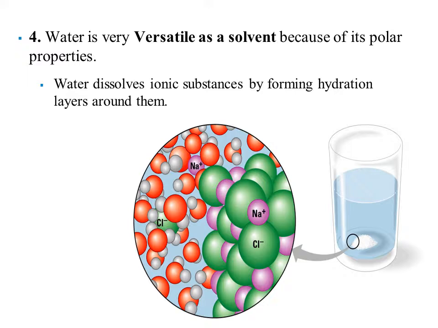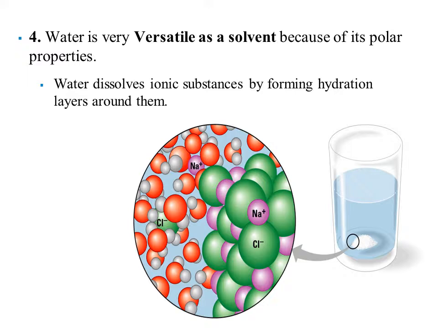So in this image, you see that sodium, which is a positive cation, is totally surrounded by water. The portion of the water that is attracted to the positive sodium is the slightly negative oxygen. The other element in salt is chlorine.